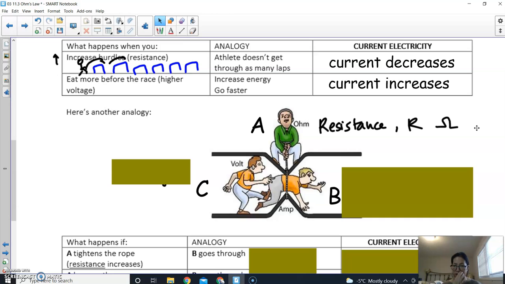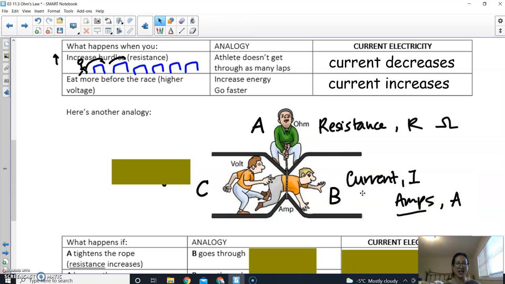Although I do give another handout as well that outlines everything. Next up at B we have the amps. These are like the electrons passing through the pipe. At B it's like the current, the electrons passing through the pipe or the wire. Current is the quantity.